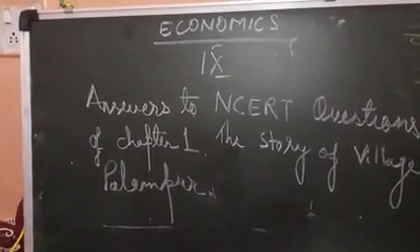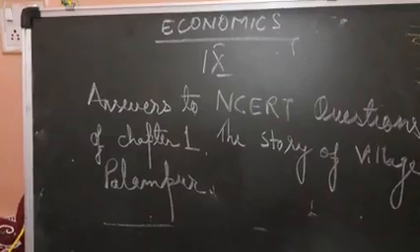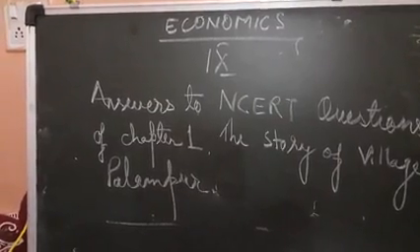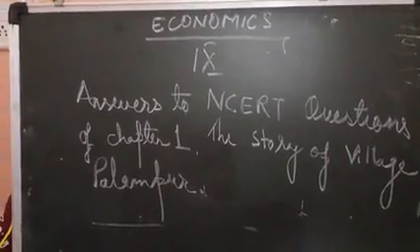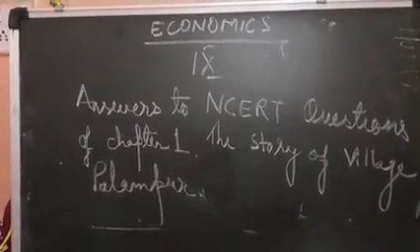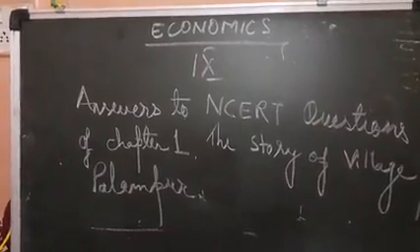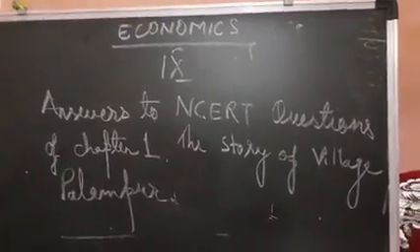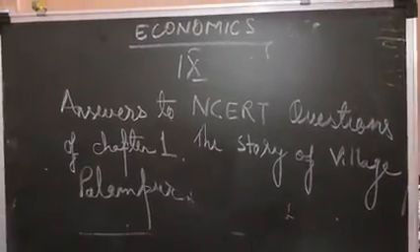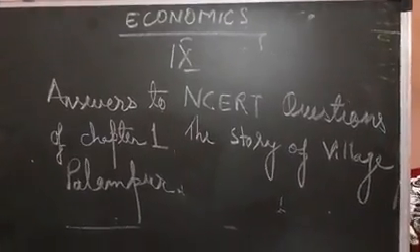Next question is, modern farming methods require more inputs which are manufactured in industry. Do you agree? So your answer will be yes. The modern farming methods require more inputs which are manufactured in industry. Earlier, in the old times, primitive tools were used. You might have studied in social science long back.